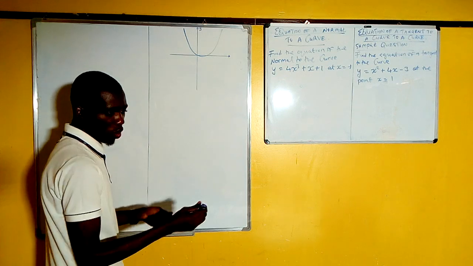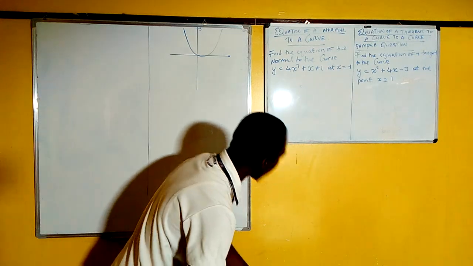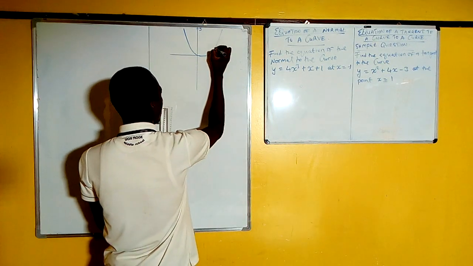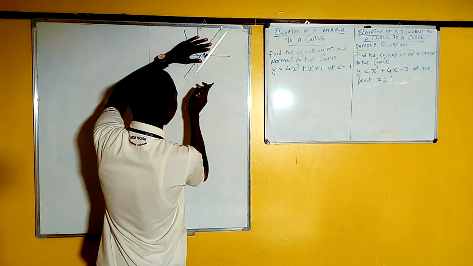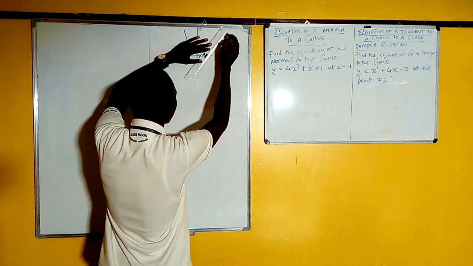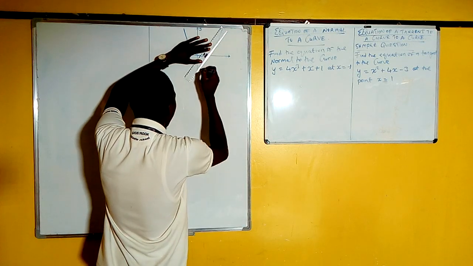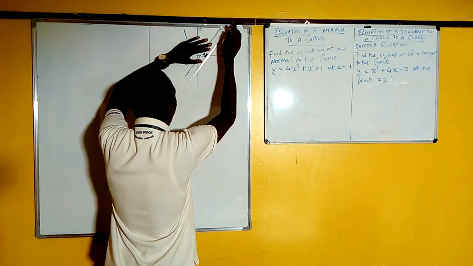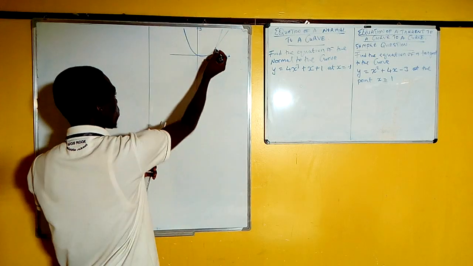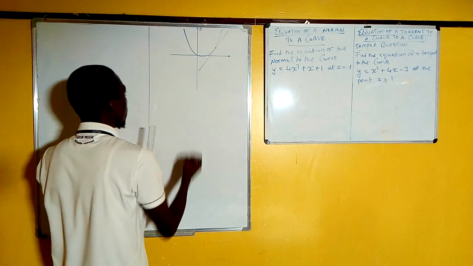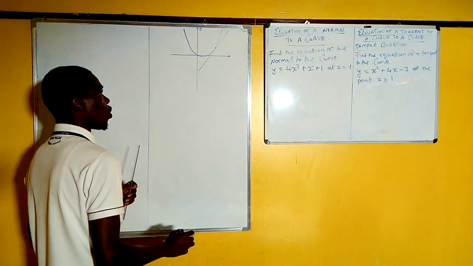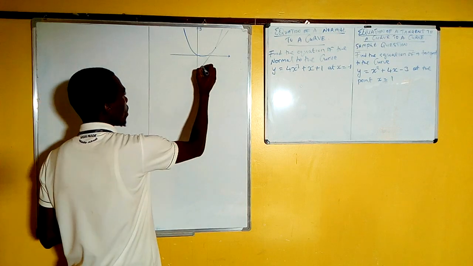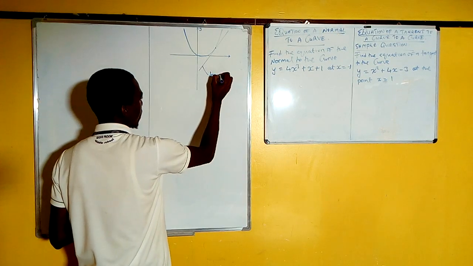For example, if a point has been drawn here, as we draw the tangent we should make sure that the line only touches one point of the graph. Then this is a correct tangent. It can be here, it can be here, as long as when you draw the line, it touches one point of the graph. This is what we call the tangent.